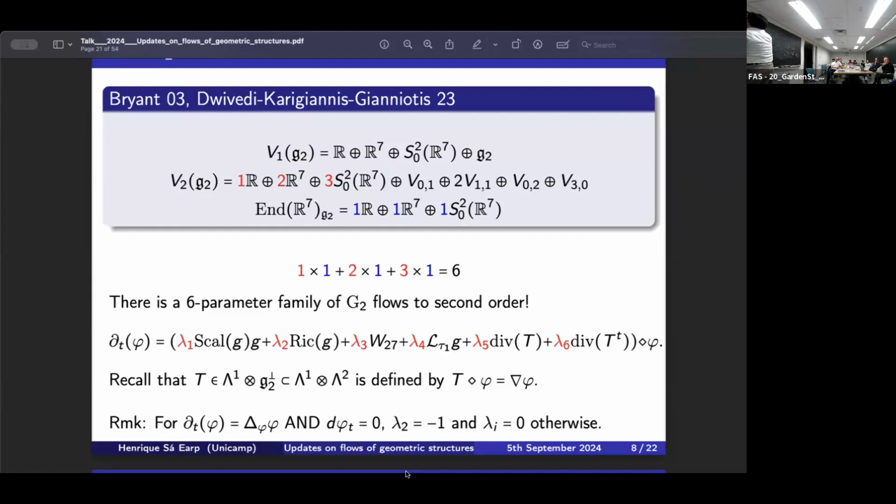So we say that G2 holonomy if and only if the G2 structure is parallel, right?